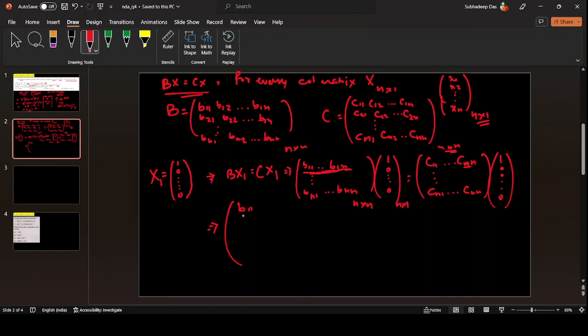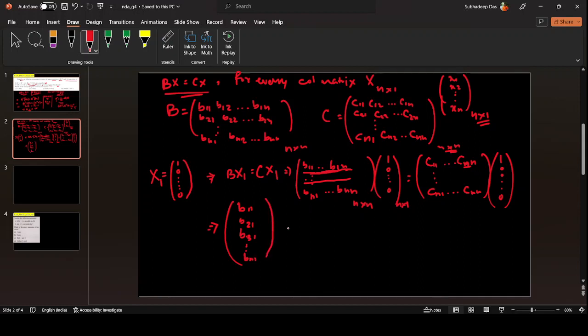So for the first row, we get B11. Now come to the second row: B21, B22 up to B2n times 1, 0, 0, 0. So B21 into 1 and all the other terms are zeros, so we get B21. For the third row and first column, we get B31, and so on, Bn1.